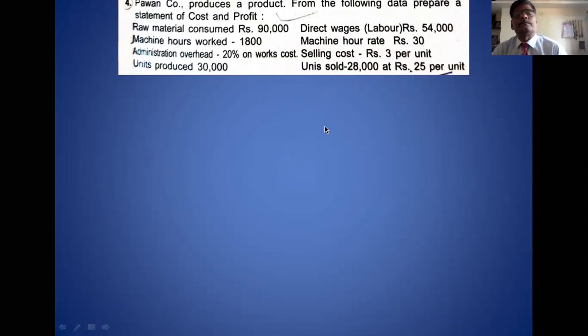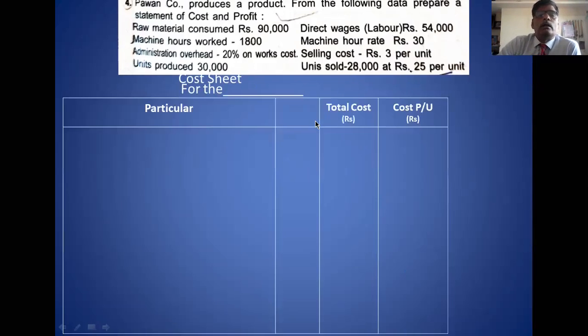I'll open the cost sheet. This is the cost sheet for the given period. First you take the material. Direct material consumed. What is the direct material consumed? 90,000. Here are the two quantities.